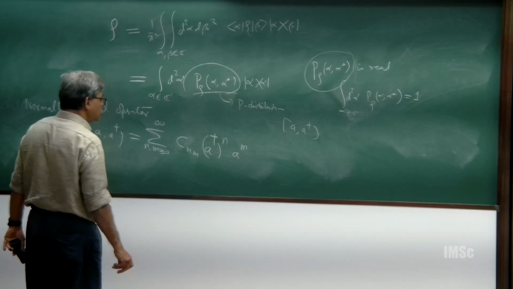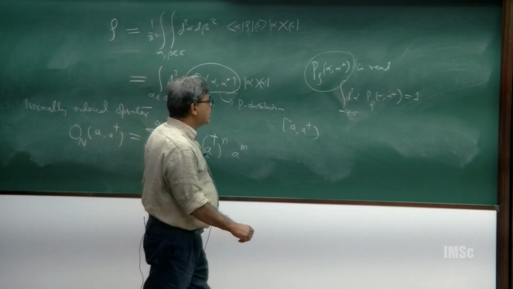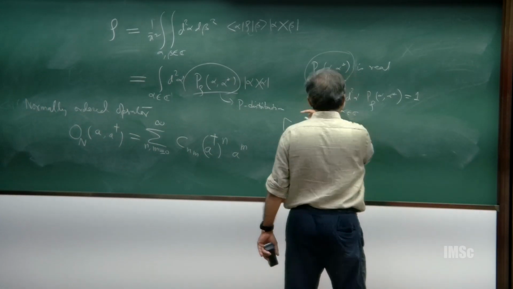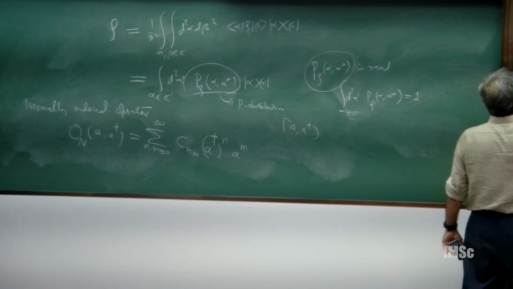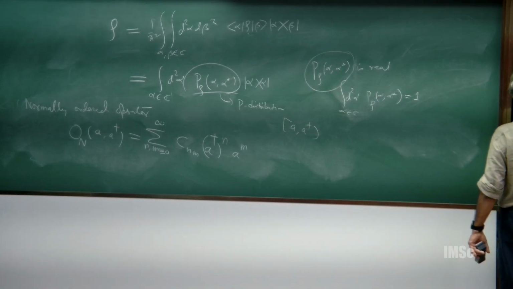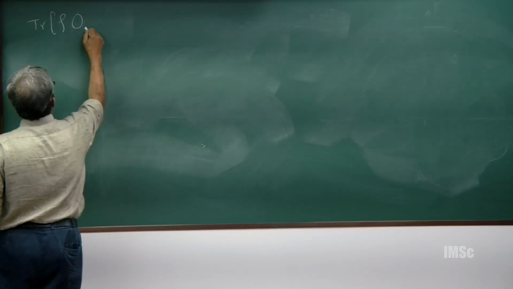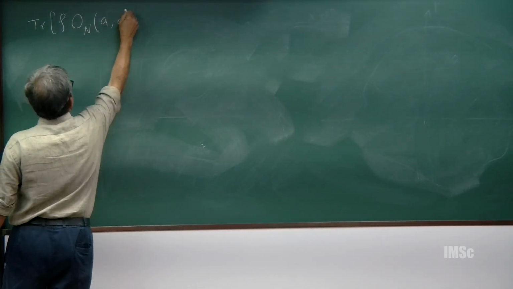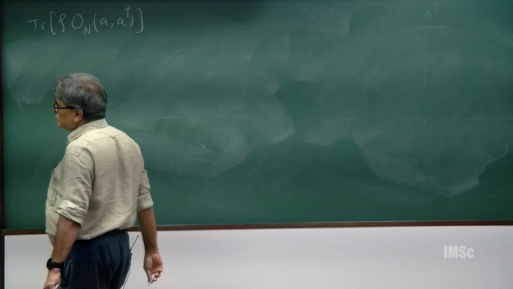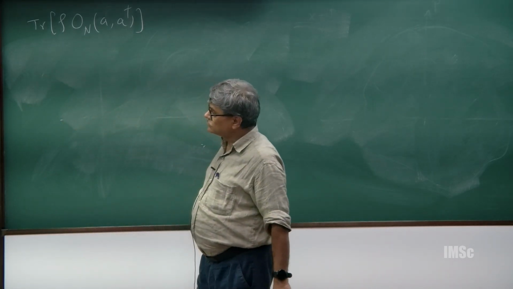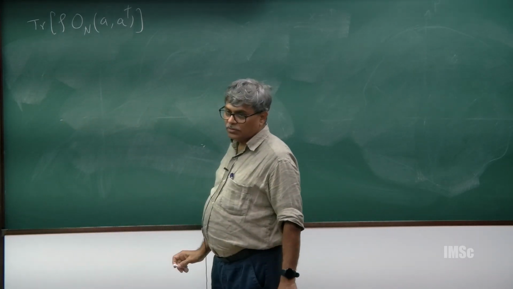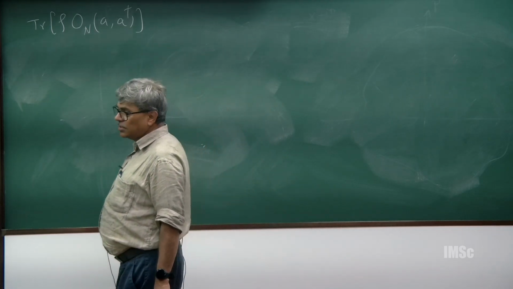Right. So, now I again take a density matrix and let us take the expectation value, trace of rho O_n(A, A dagger). Right.